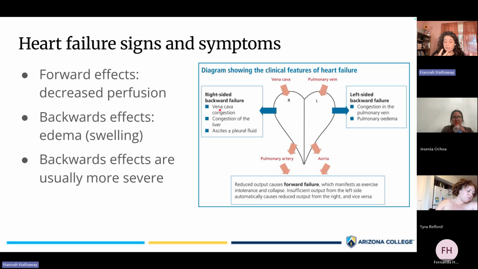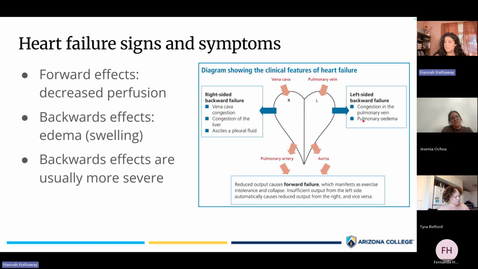So we will see fluid build up in the jugular vein or the vena cava, so the veins, because that's before you get to the heart, so it's backward. Fluid build up in the liver would be hepatomegaly. Ascites is fluid within the abdomen. So all of those things, essentially swelling and fluid throughout the body, are classic right side backward effects.